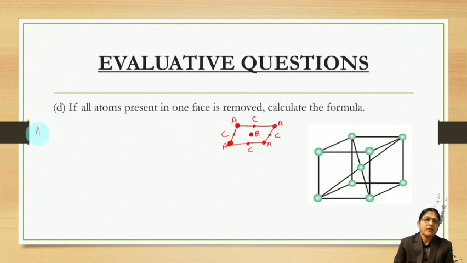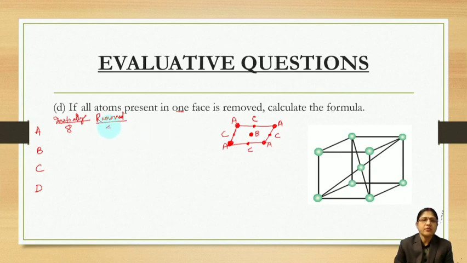Then we need to calculate the formula, so the same procedure we need to follow. A, B, C, D. Then initially corner atoms 8, removed. How many removed? Just see how many corner atoms are present on a face, in one face. 1, 2, 3, 4.